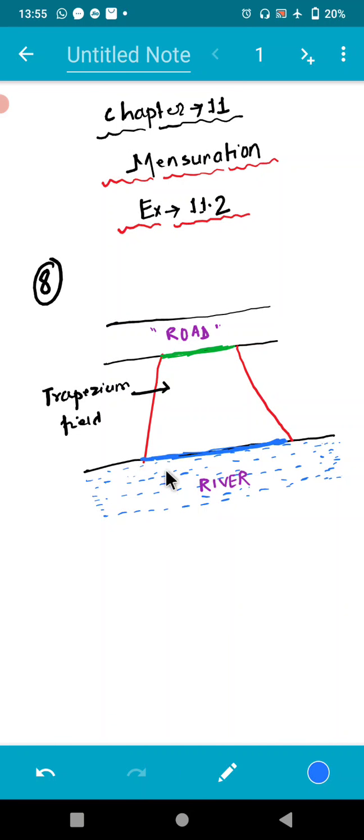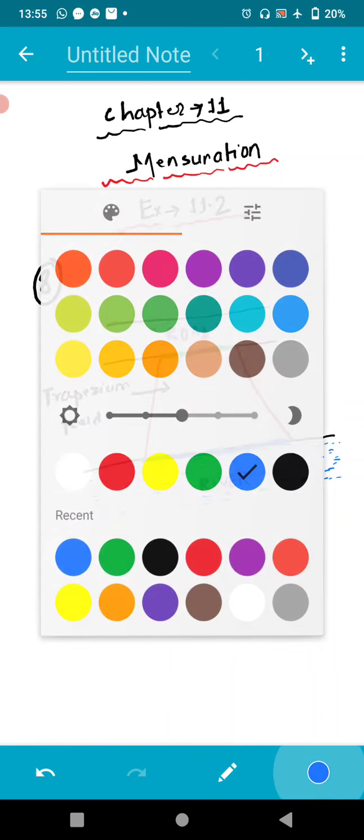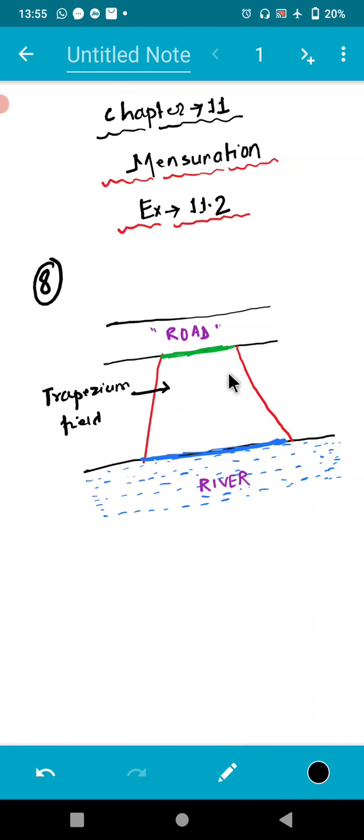Now in the question they have already given the area of this land. The area is given as 10500 meter square. Even the perpendicular distance between these two parallel sides is given, because these two are parallel sides.